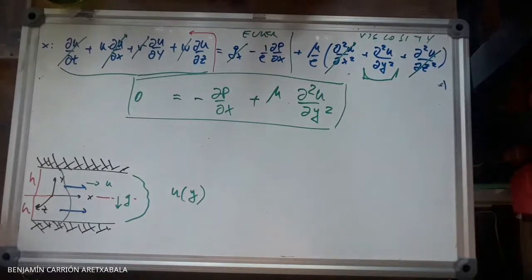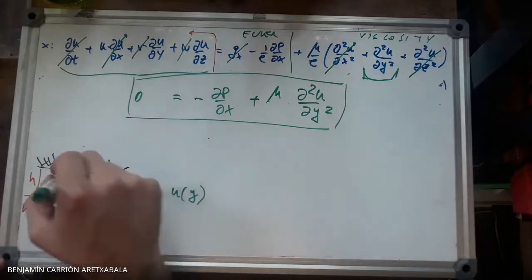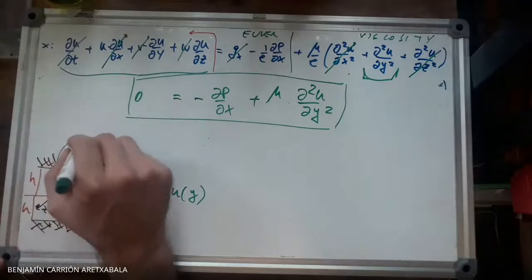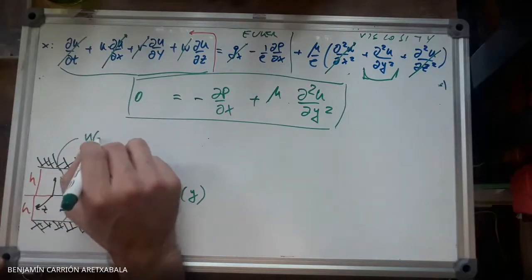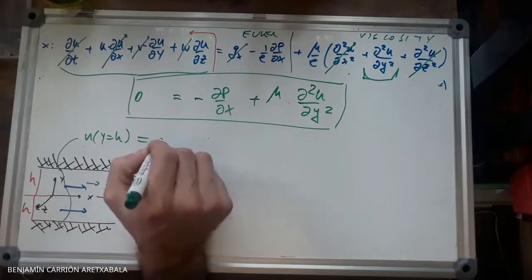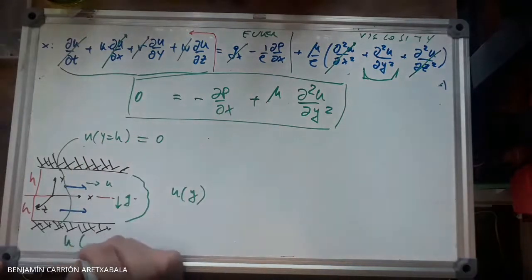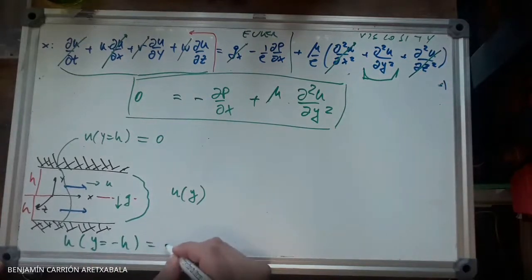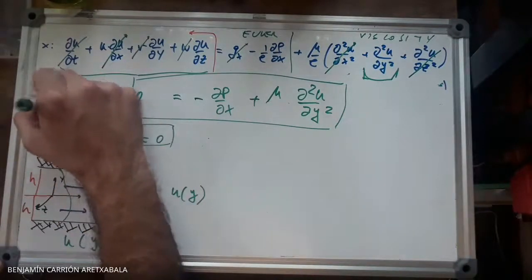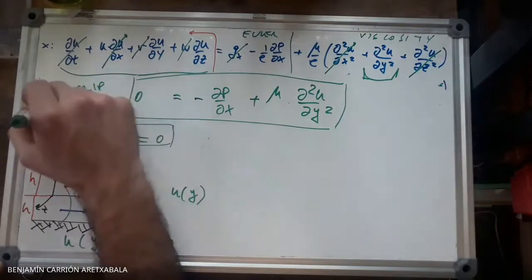And you can read it on the slide, but it asks what the boundary conditions are. Well, the boundary conditions are here at the boundaries. If you recall, u at y equals h has to be 0, and u at y equals minus h has to be 0 too, right? We talked about this. This is a no-slip condition.